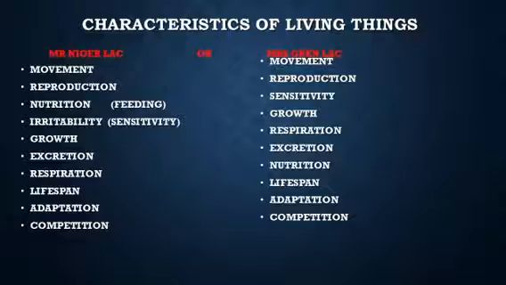R represents again respiration. You can interchange the R. You can call the first one respiration or reproduction. It doesn't have any particular order. Then L represents lifespan, A represents adaptation, and C represents competition.